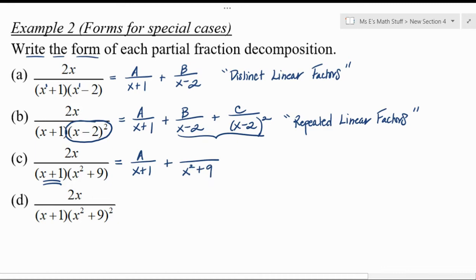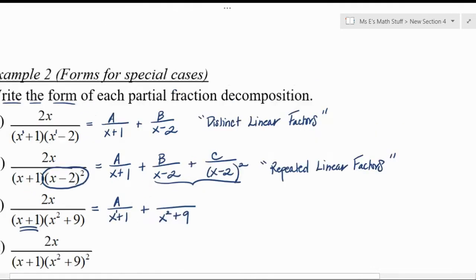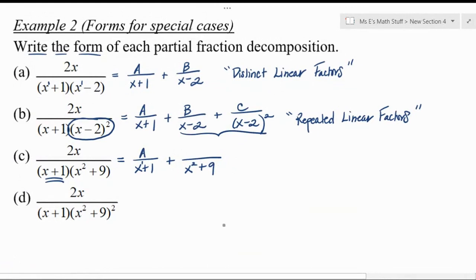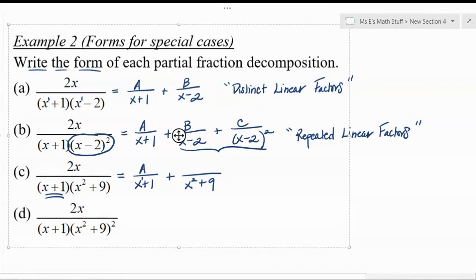Now, I want to talk with you about the pattern that's happening here. Really quick, back to this factor that you should be pretty comfortable with. You had a linear denominator, and then you have a constant on top, which is technically degree 0. And when we're doing this in the middle of a calculus problem, it'll make a lot more sense when you're a calculus student. But what we're looking for is the numerator to have a degree that's 1 less than the denominator. For this fraction right here, the denominator has degree 2.